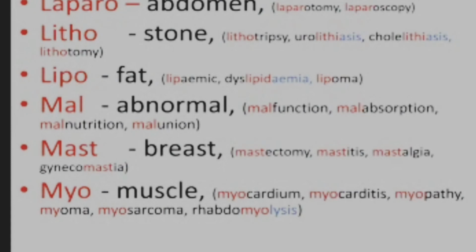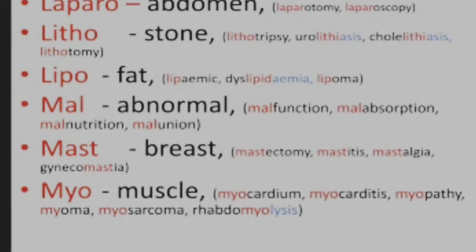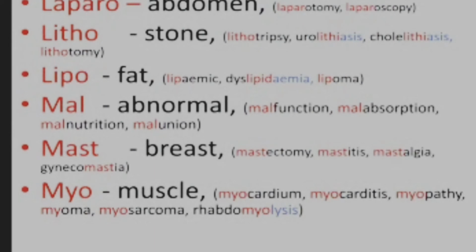Mal means abnormal, a condition which is not desirable, and it refers to malfunction, improper functions. The digestive system could have malabsorption, malnutrition, that means not having enough of the basic nutrients that our body needs in the form of calories.